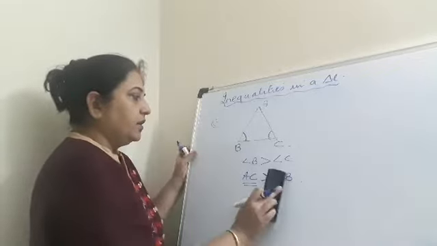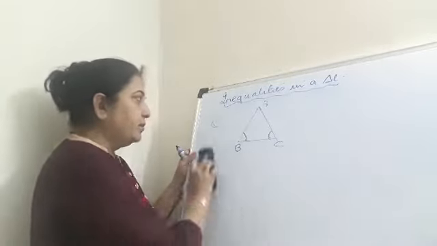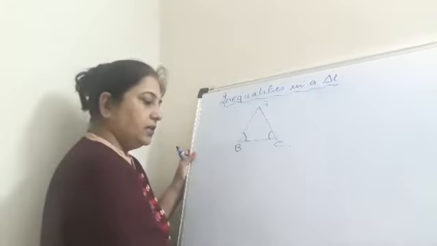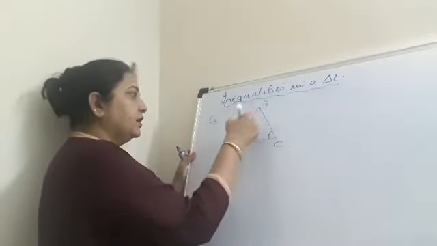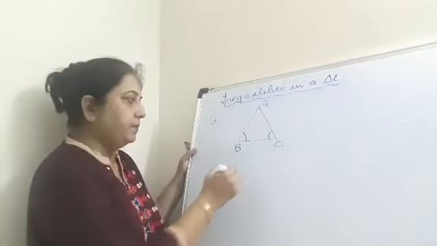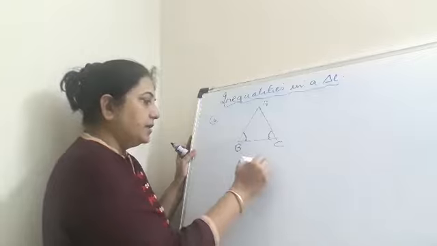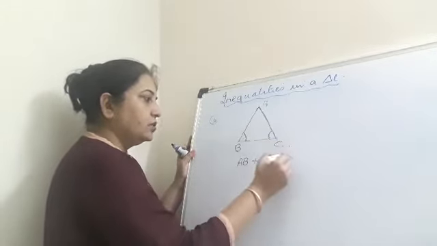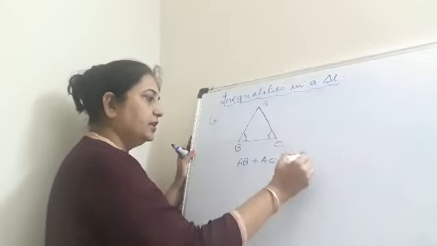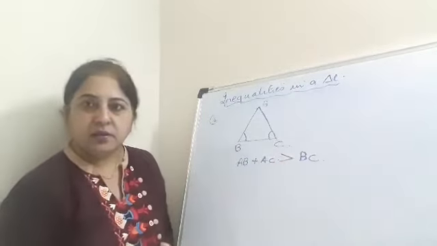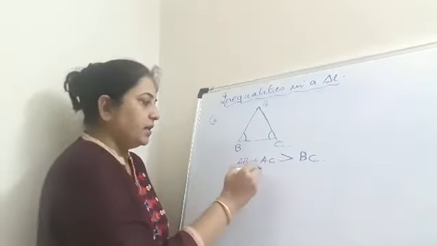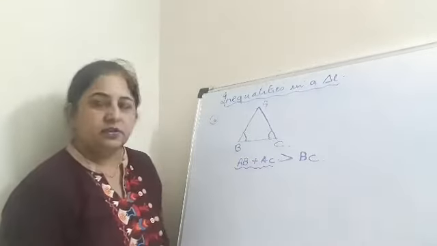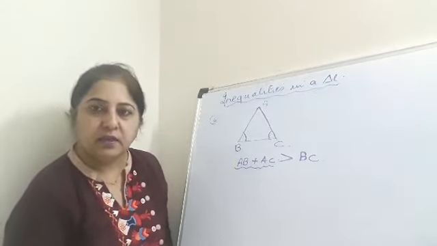Now one more. The third one you have already studied before. The third inequality: in a triangle ABC, if I add two sides, AB plus AC, it is always greater than the third side. We write: the sum of the lengths of any two sides in a triangle is always greater than the third side.